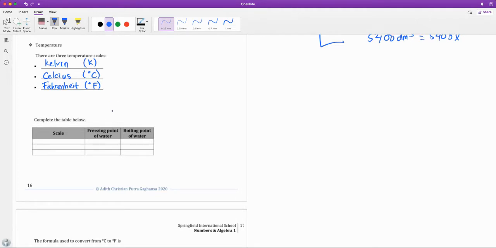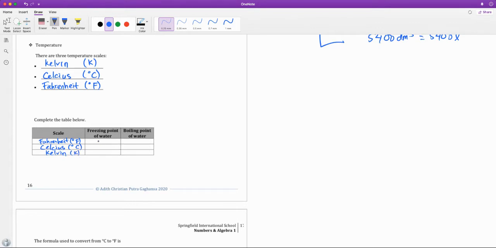So in the following table, we have the freezing and boiling points of water for each of the three scales. Fahrenheit, degree Fahrenheit, then Celsius, degree Celsius, then Kelvin.